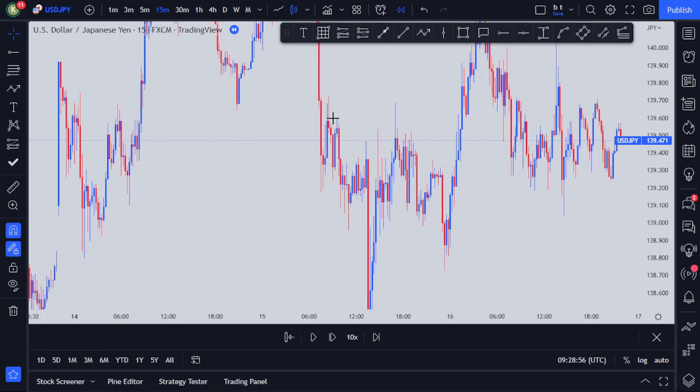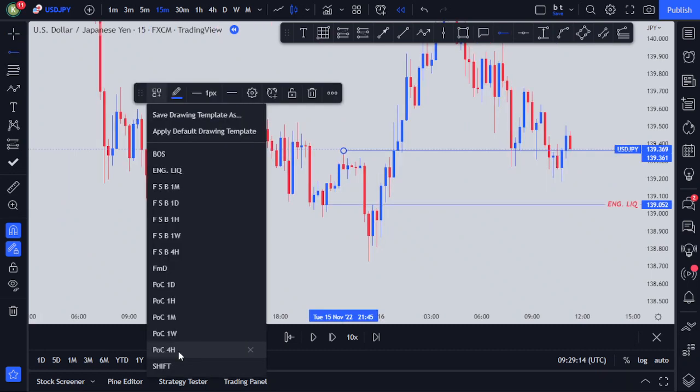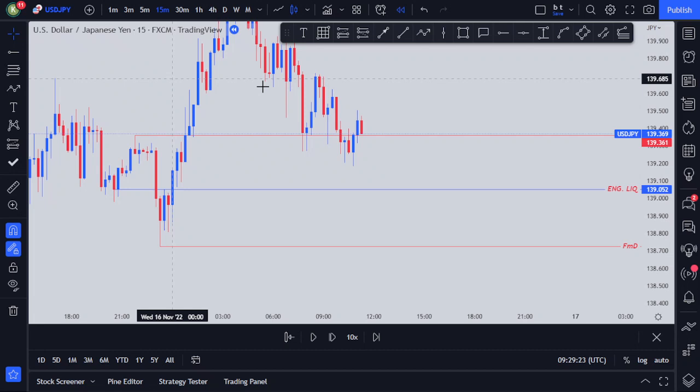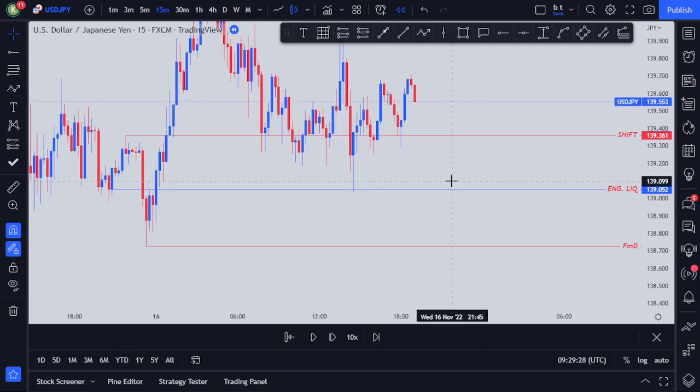USD JPY, price engineer liquidity over here. We had a shift around here. Now we have our furthermost deviation over here. Let's see what happened. Beautiful entry. So engineer liquidity is for entries.